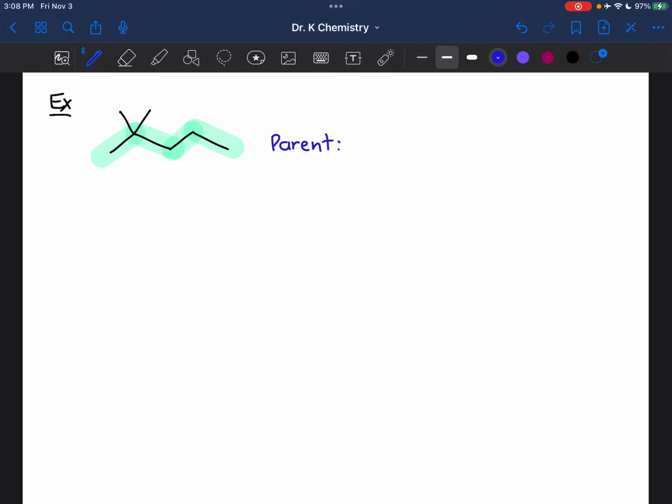So the parent here will be pentane. And I'm going to number that left to right because that will give both of my substituents here the lowest possible number. And I see that each substituent has one carbon. They're both methyl groups, which means I'm going to call them dimethyl, di indicating that there are two of them.